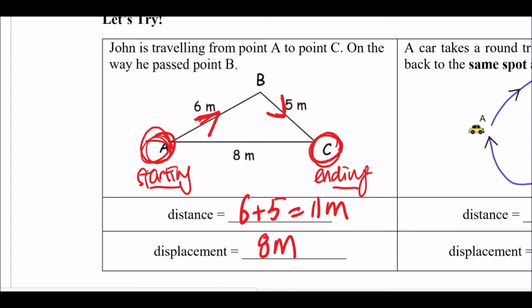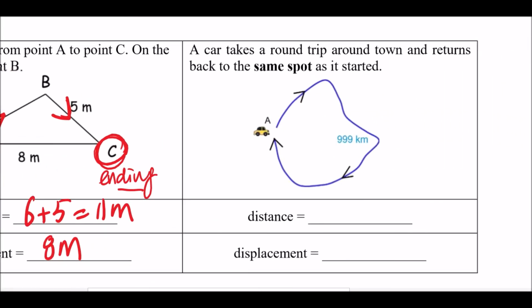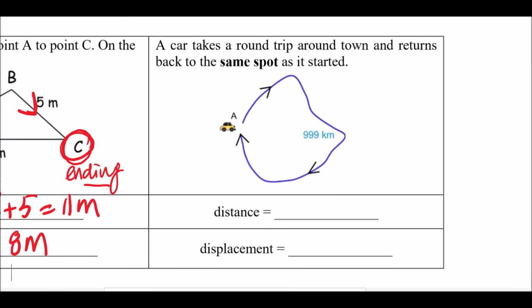I hope this makes it clear. If it's clear to you, then this exaggerated example will test your understanding. A car takes a round trip around town and returns back to the same spot as it started. So the starting point and ending point both are at A. The path taken is this curvy path, 999 kilometers. So what is the distance traveled? The distance traveled is 999 kilometers because that's the length of the actual path taken.